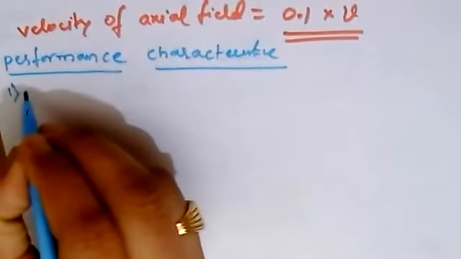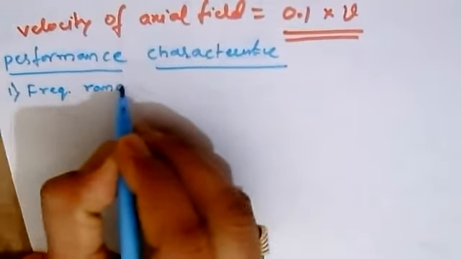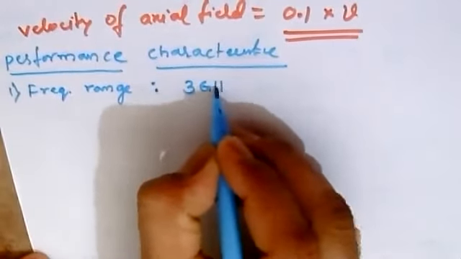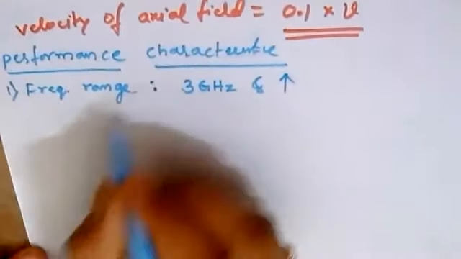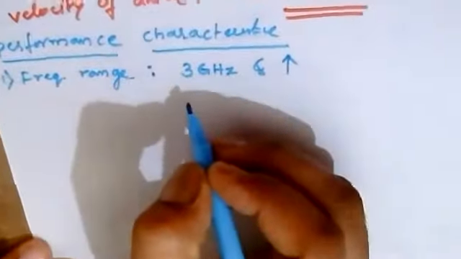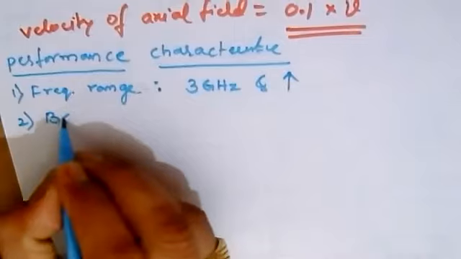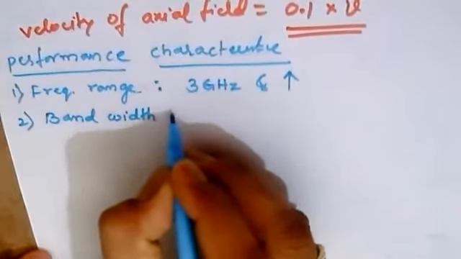First, the frequency range: what is the range of frequency at which it can be operated? The traveling wave tube can be operated at 3 gigahertz and above. Second, the bandwidth: what is the bandwidth at which it can operate?